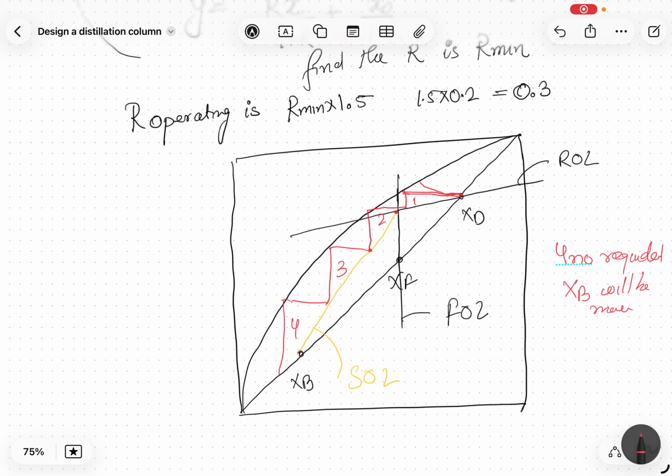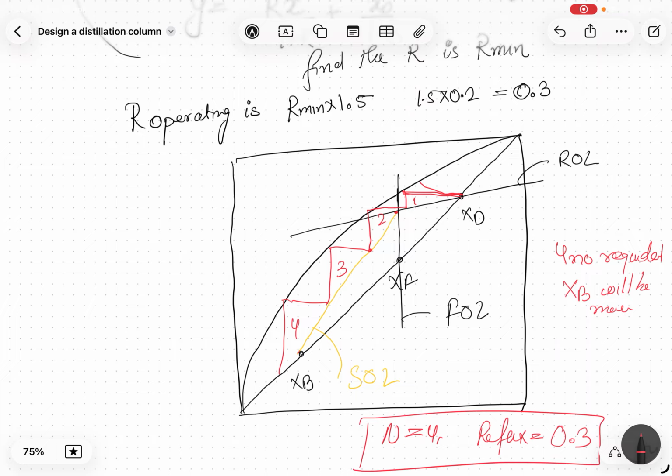In this case you require number of stages equal to 4, reflux ratio equal to 0.3. So this is the first design of your distillation column. Next we will learn how to find the distillation energy.